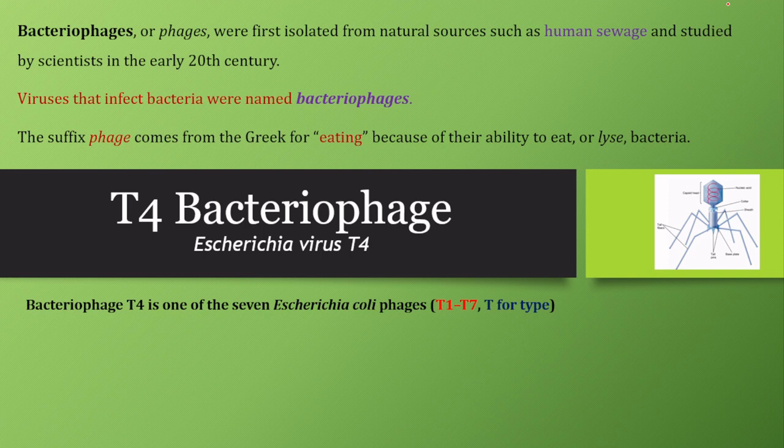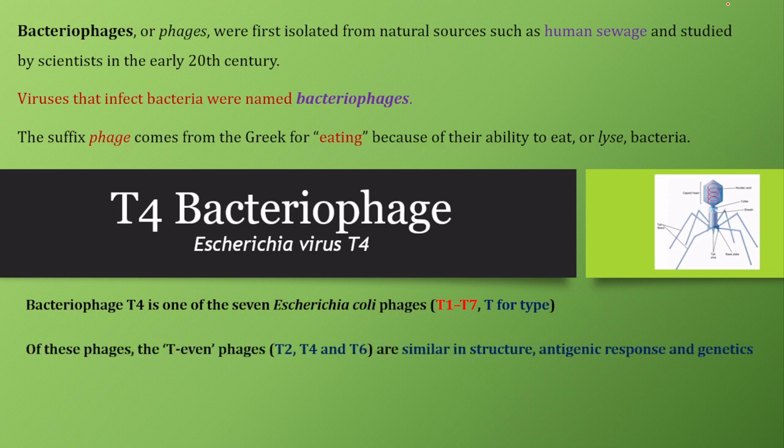So T4 is one of the 7 bacteriophages and is considered an even bacteriophage. These T2, T4 and T6 are similar in structure, antigenic response and genetics. So these three are quite similar to each other.